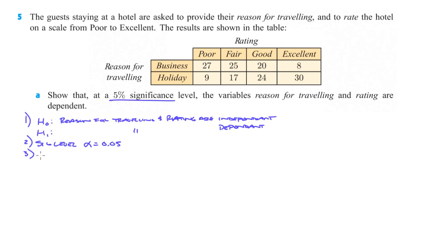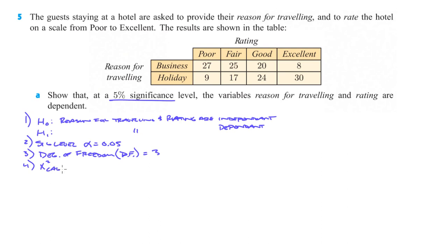I'm going to undo that because we need that data here. So degrees of freedom, otherwise known as DF, equals 3.